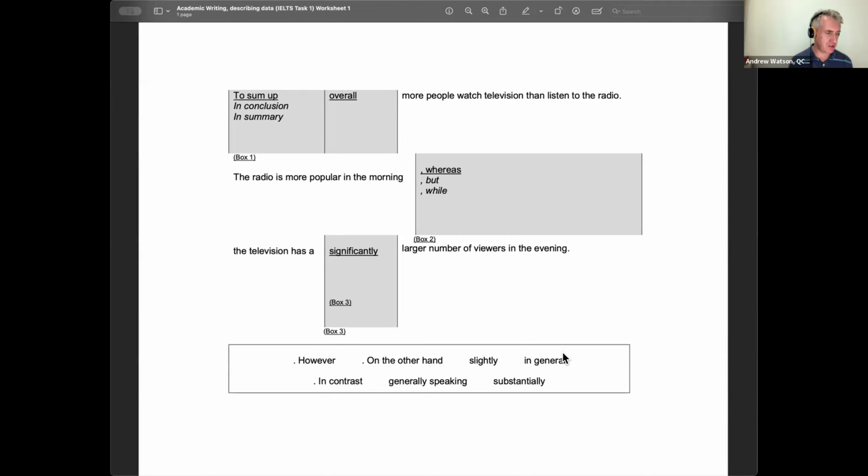Now, you might notice that there are commas and full stops used there as well. We wouldn't use a comma before however, there's a full stop. In contrast, there's a full stop before that. The word slightly, is that a synonym or an antonym of significantly?